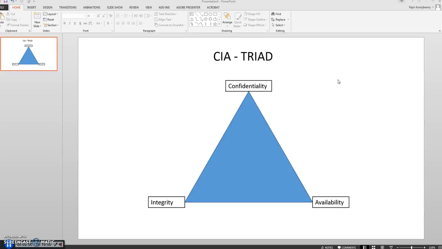Integrity provides the assurance that the data that we are transmitting is trustworthy. It has not changed. We can trust that data. If we could not trust that data, the whole internet would be unusable. We could not use it.